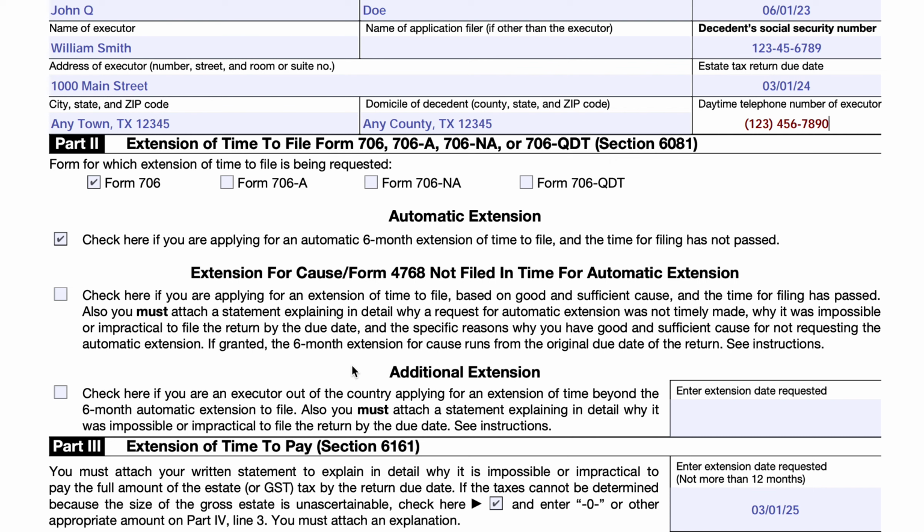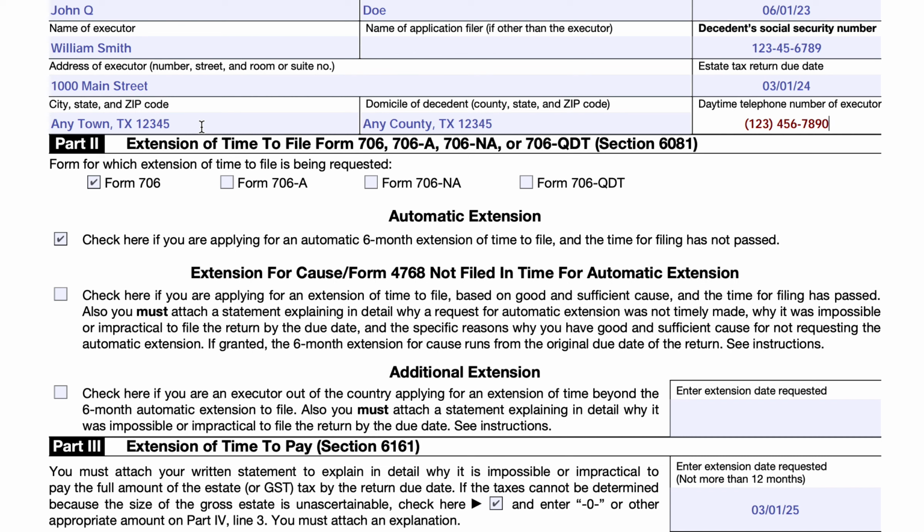To that point, as the executor, you should make sure that you have updated your address on file. If your address is incorrect and the IRS sends you a disapproval, then odds are you might run afoul of the tax rules and not know about it.